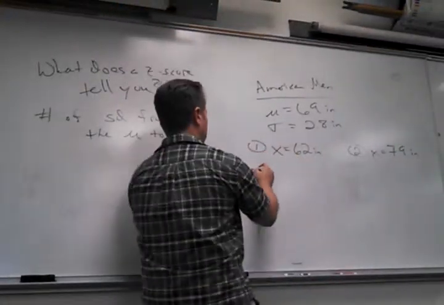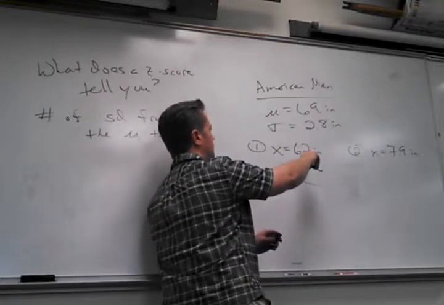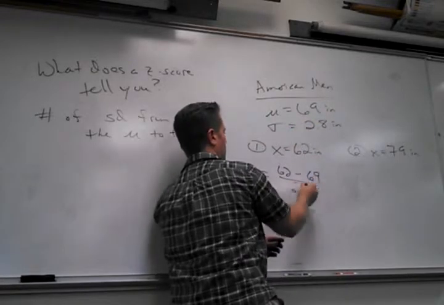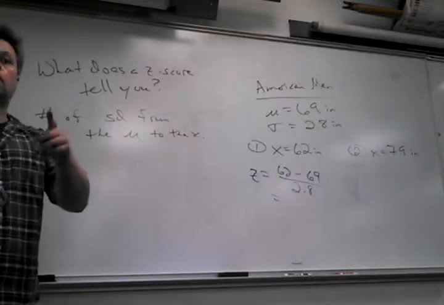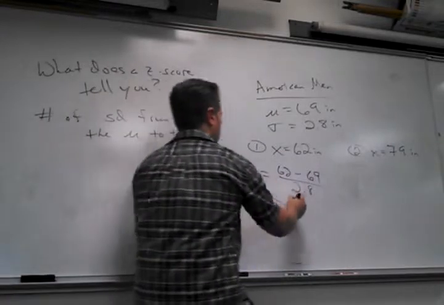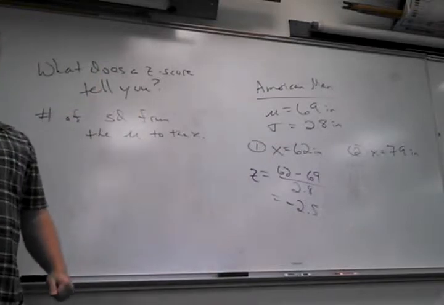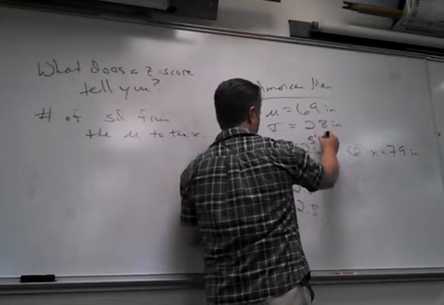All right, let's see how this comes out. What's this formula look like when you set it up? 62 minus... Negative 2.5. Yeah, negative 2.5. Does that look all right? And this is about 5'2", right?